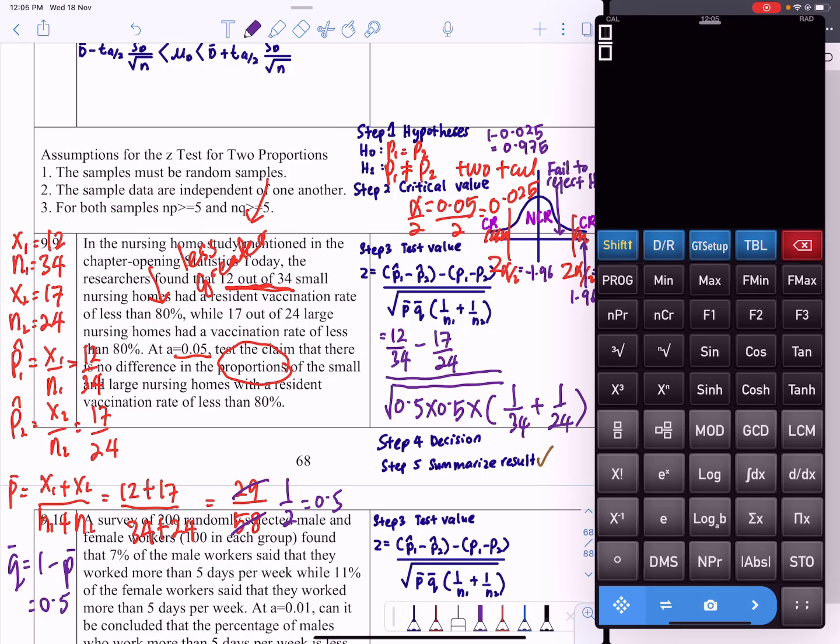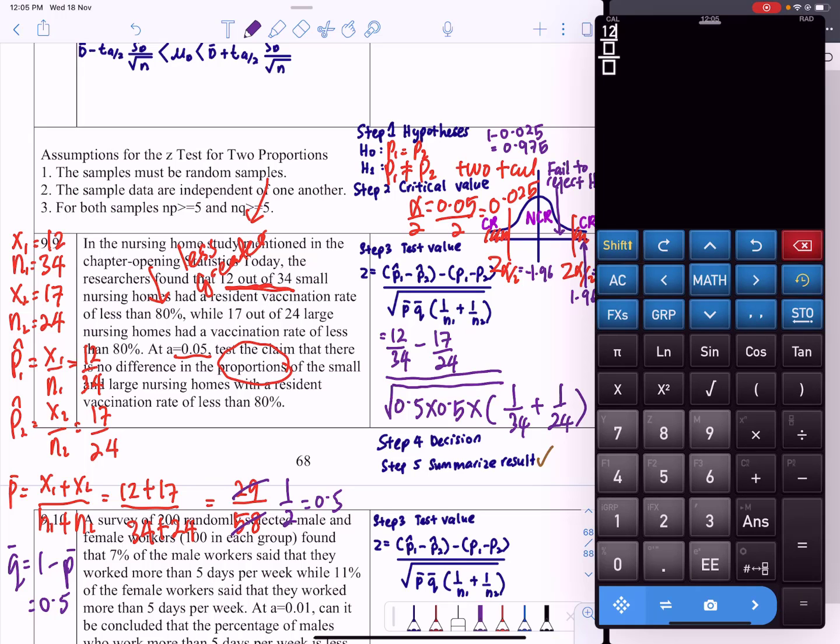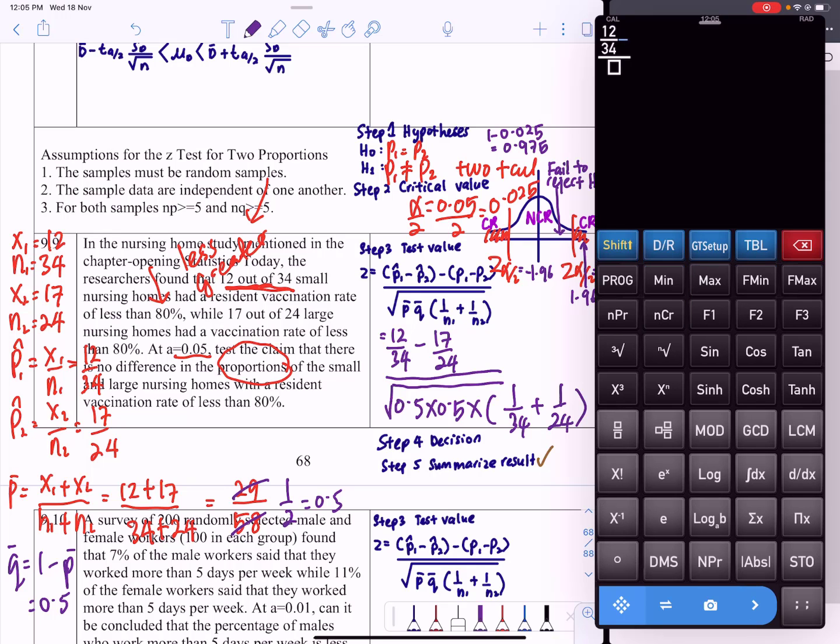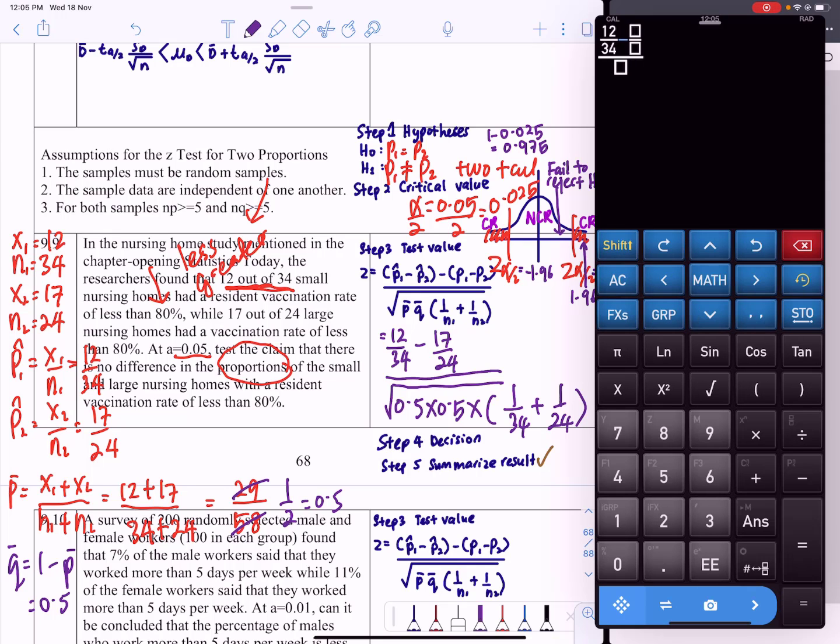Okay, using the calculator, we have the fraction here, and then we put another fraction, 12 over 34, and then we minus. Please make sure you push it correctly. Sometimes I myself do it wrongly. Please make sure you do not mistakenly insert the wrong value there.